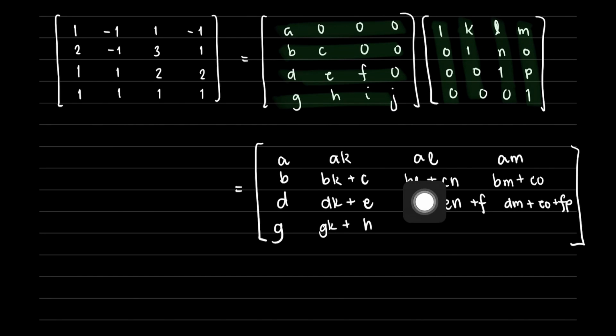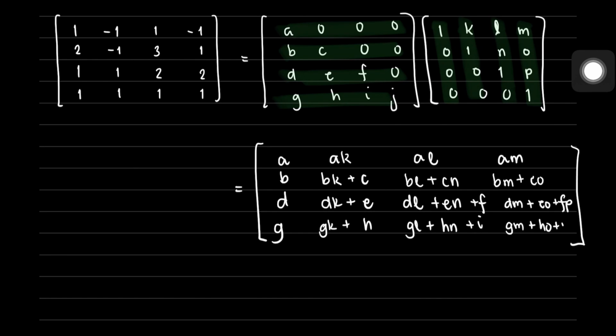Third element of the last row, we have g times l plus h times n, i times 1, so that's plus i, and then j times 0. And for the last element here, we have g times m plus h times o, i times p, and lastly we have j times 1. So plus j.